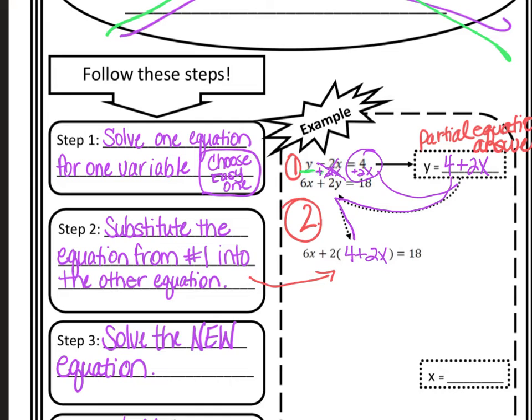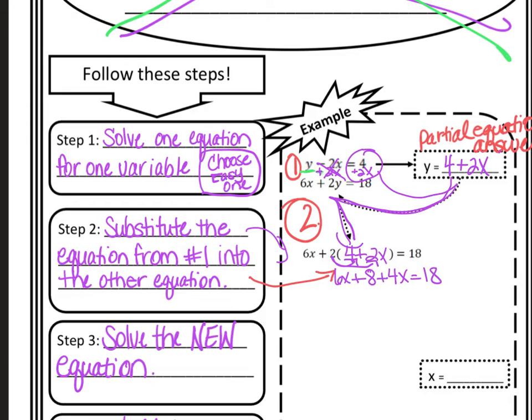Now, that brings me to step 2. Substitute the equation from number 1 into the other equation. Here I have my partial equation. I'm substituting him there. So, let's solve. So 6x I'm going to bring down, plus 2 times 4 is 8, plus 2 times 2x is 4x equals 18.